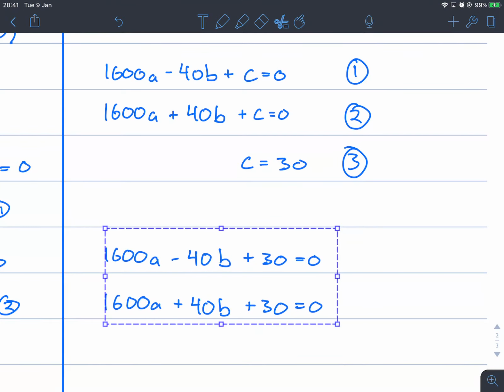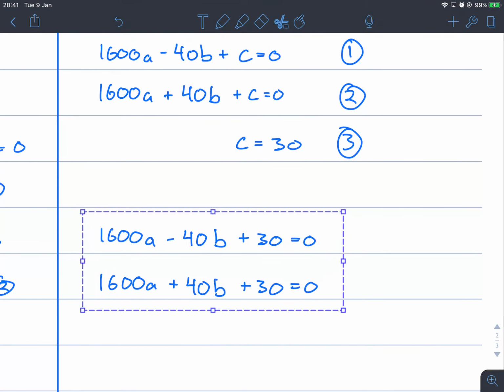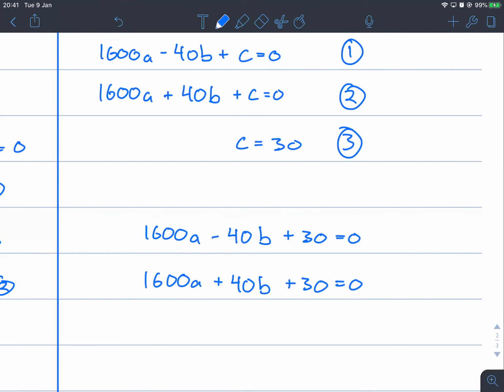And now from here we can see that we have simultaneous equations. I'm going to do some elimination because it's already set up for me here. I'd like to eliminate a from the equation by subtraction.